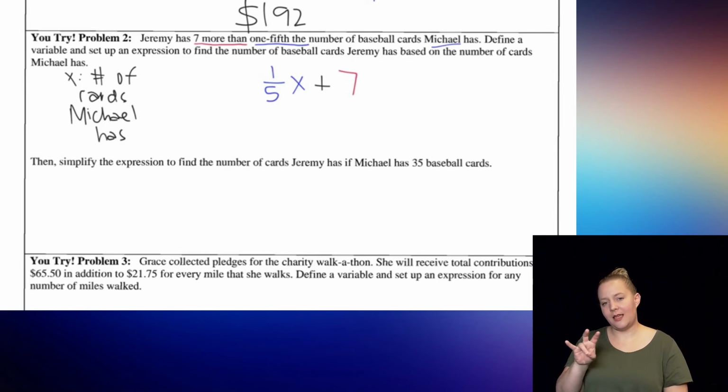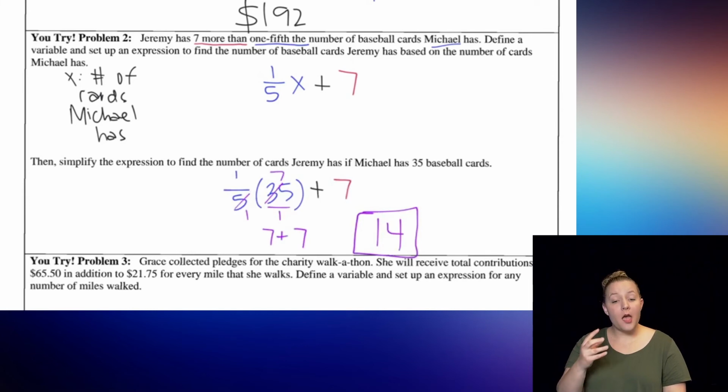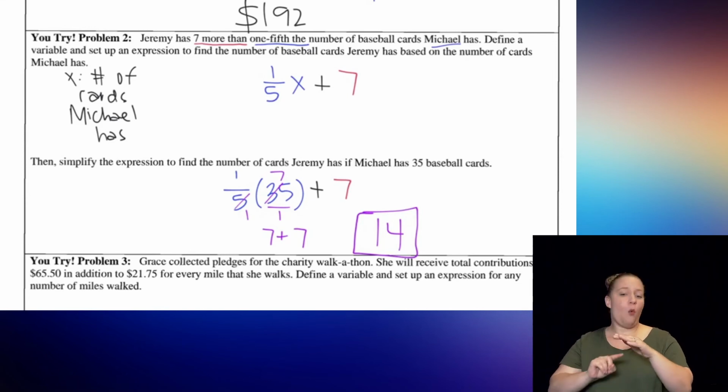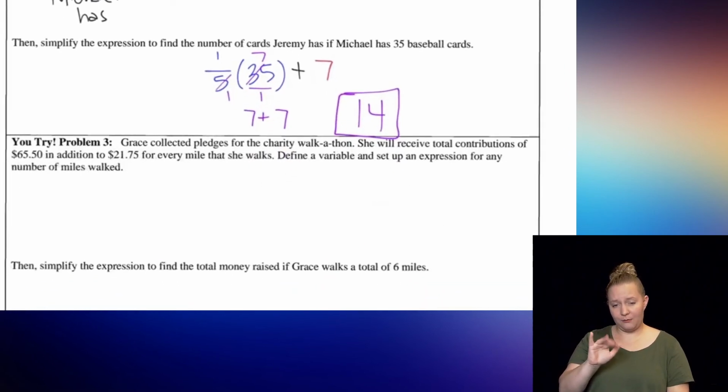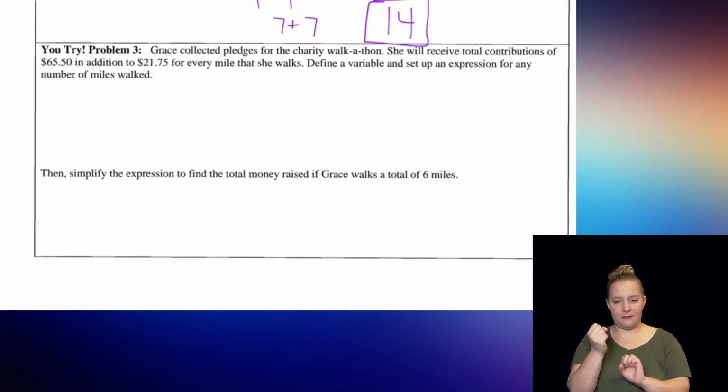Okay, then I want you to go ahead and substitute in the number 35 for x, and then check your answer with me. And since we know how to multiply a fraction with a whole number, we put that over 1, cross simplify. I know that 1/5 times 35 is 7, so then 7 plus 7 is 14. So what that means, if we were writing a sentence, is that Jeremy has 14 baseball cards.